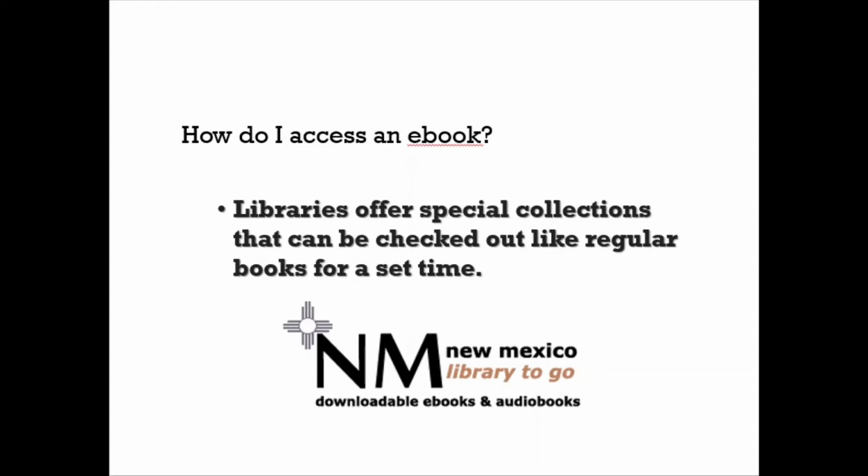It's a consortium of all these libraries combining to put together a nice big pot of different ebooks that you can then check out. And it doesn't matter whether we add the ebook or Taos adds the ebook or whoever it is in the state that's adding the ebook. Anyone who's a part of the consortium through their library has access to the entire collection.